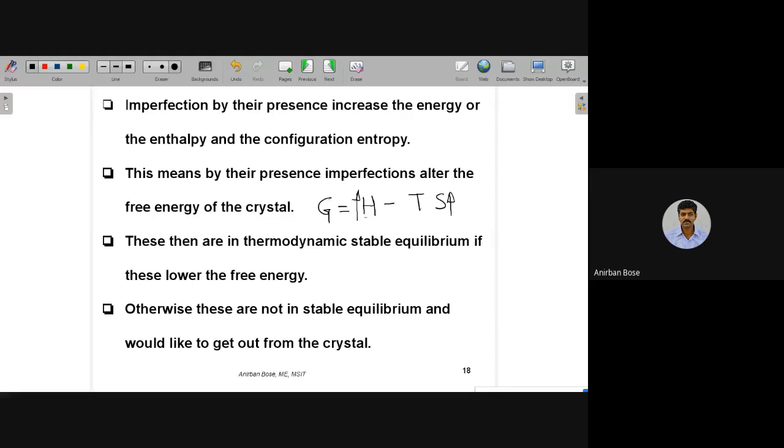So both H and S will increase. The second point tells us that the presence of imperfections alters the free energy of the crystal, so free energy will change.